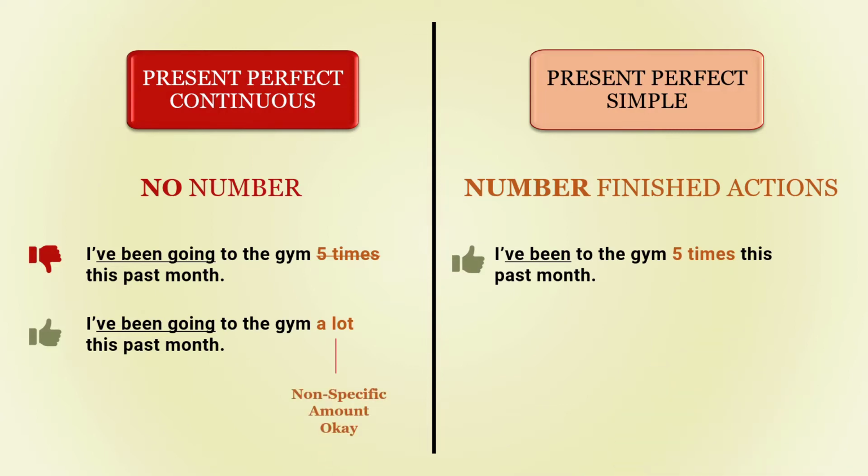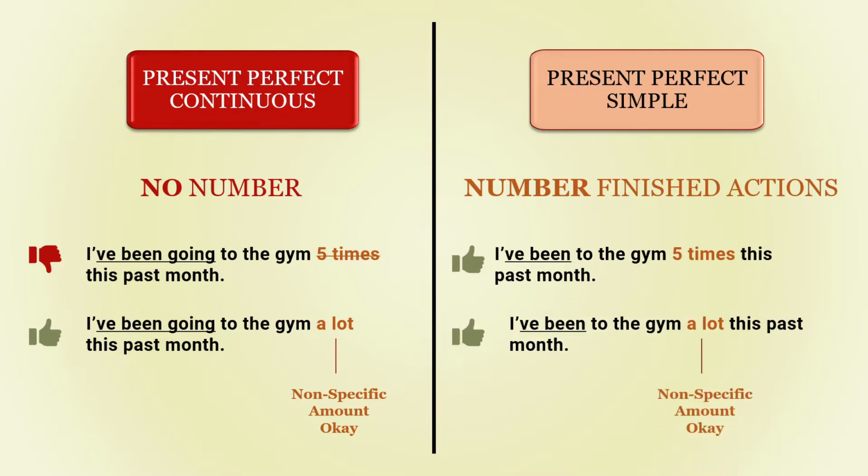I can say, I've been to the gym a lot. So this is where we can use both forms to express the quantity in a non-specific way. But if we are specific as to number, it's perfect simple. If we don't express the number, or we do it in a non-specific way, then it can be perfect continuous.